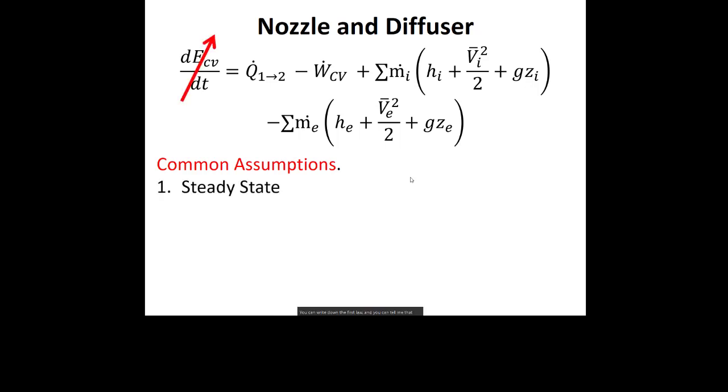And because the system is at steady state, that differential term goes away. We're going to say for these nozzles and diffusers, when you looked at the pictures, that they usually only have, well, they're only supposed to have one inlet and one outlet. So my summation signs go away because I only have one inlet and one outlet.